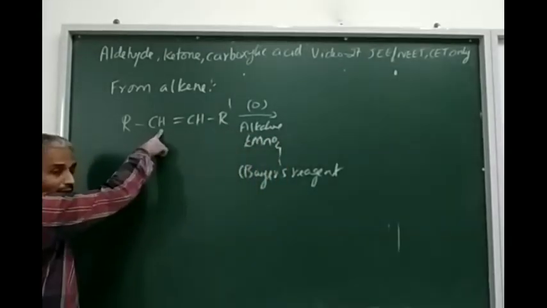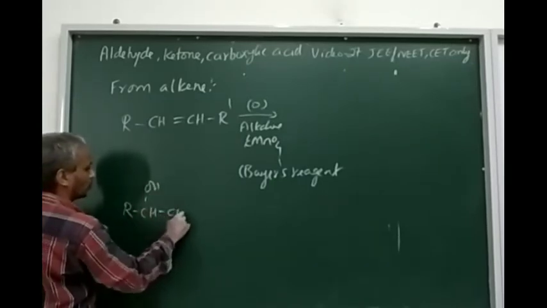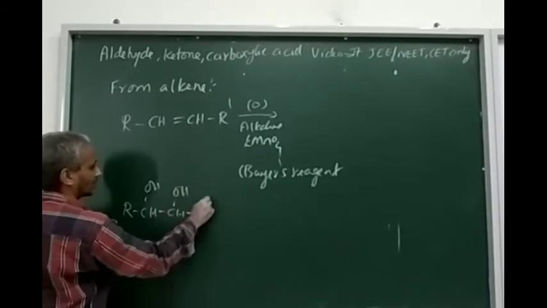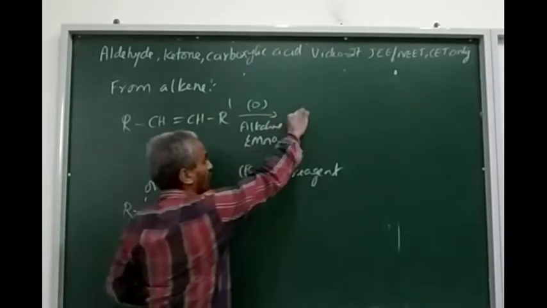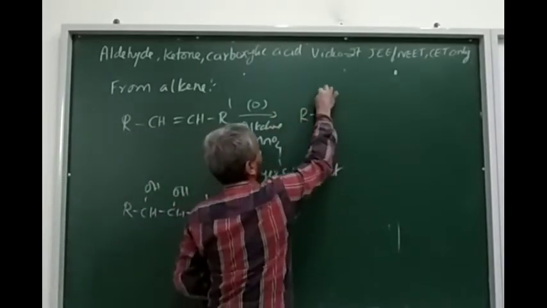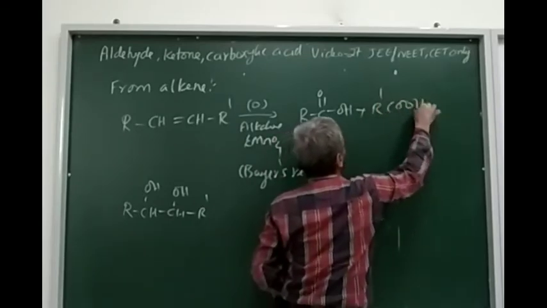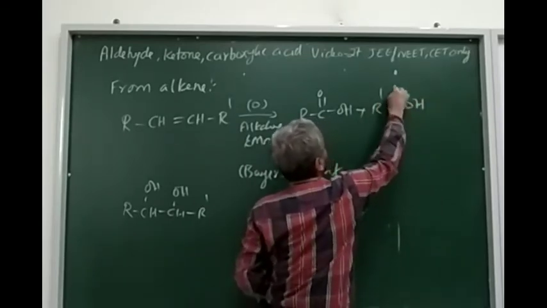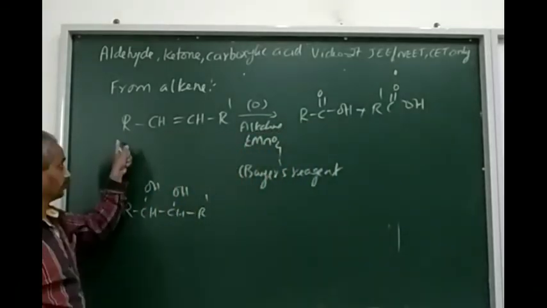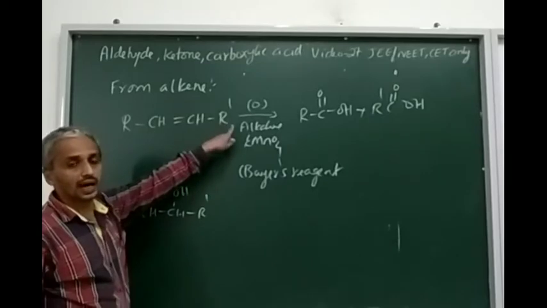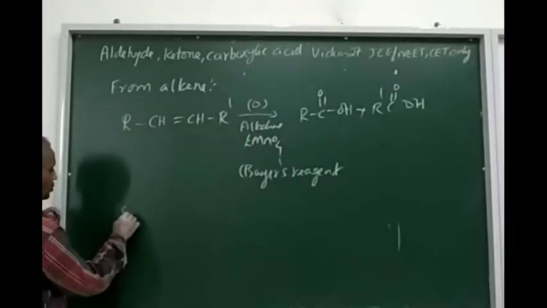Across the double bond, it will be converted into RCHOH-CHOH-R', and then to carboxylic acid. So the final product will be RCOOH plus R'COOH. Carboxylic acid will be obtained over there. If R and R' are the same, then I get 2 moles of RCOOH.